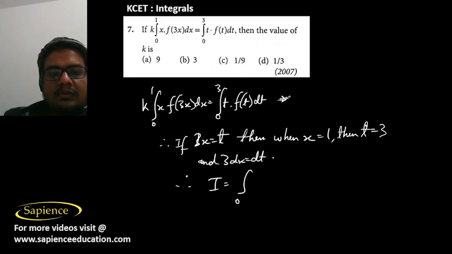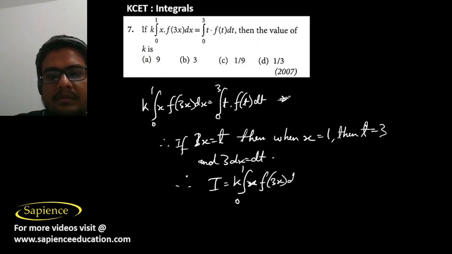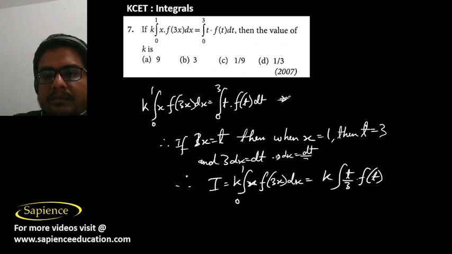So the integral I, which is integral 0 to 1 k into x into f of 3x dx, can be written as k into integral, where x will be t by 3, so this will be t by 3 into f of t, and dx will be equal to dt by 3, going from 0 to 3.